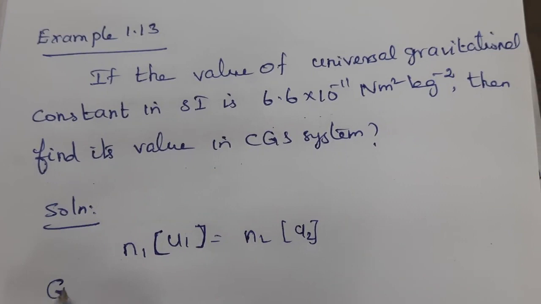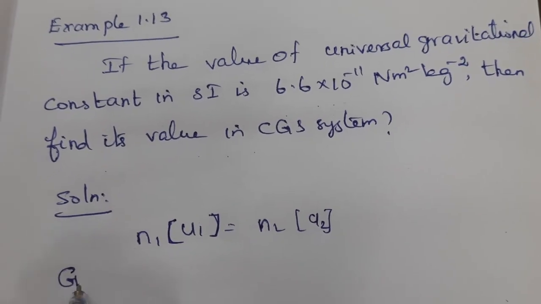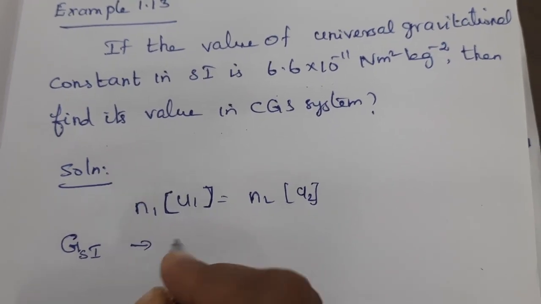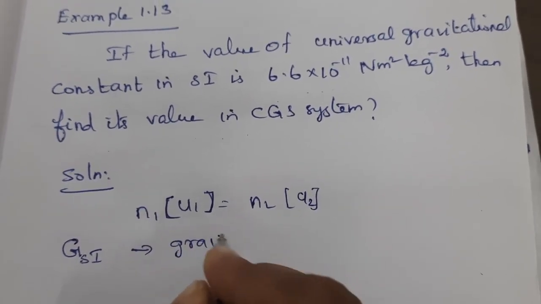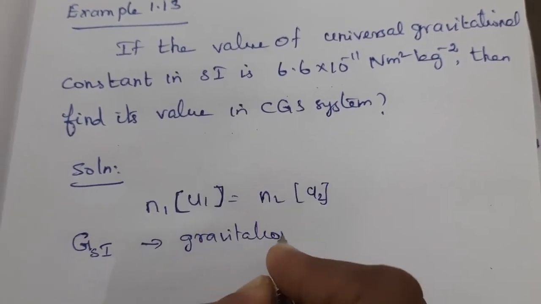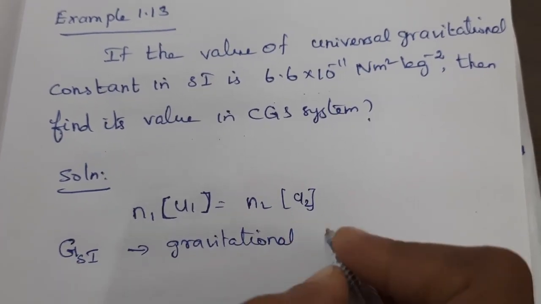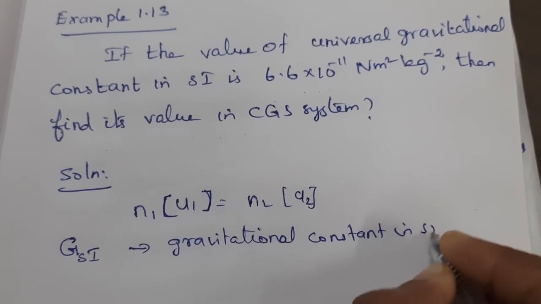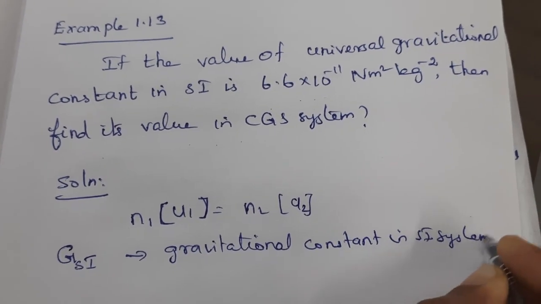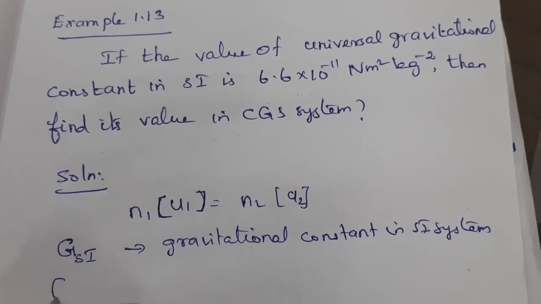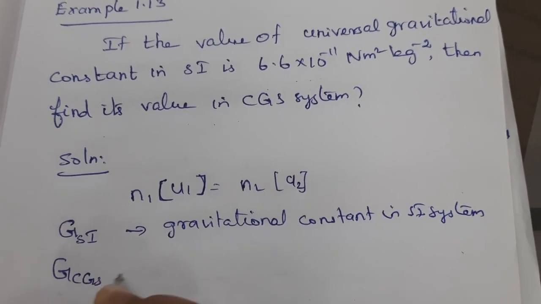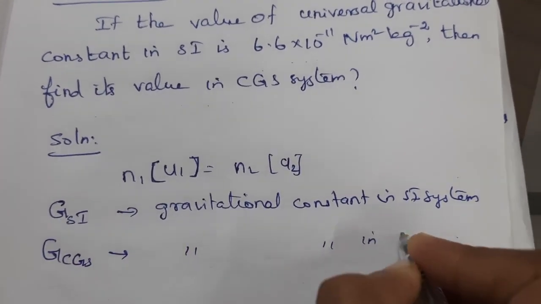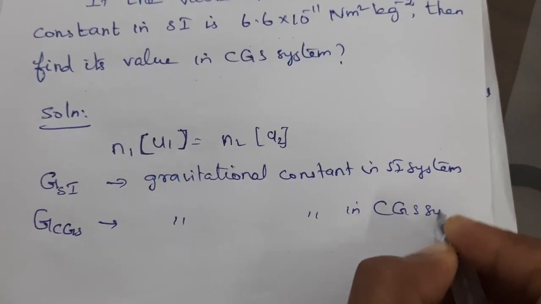Let G_SI be the gravitational constant in SI system and G_CGS be the gravitational constant in CGS system.